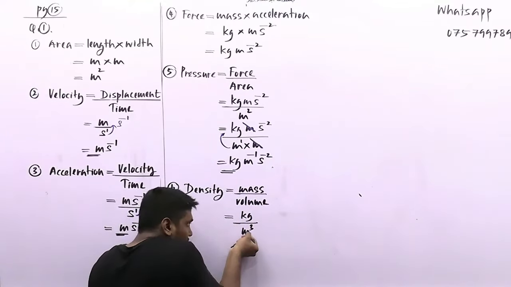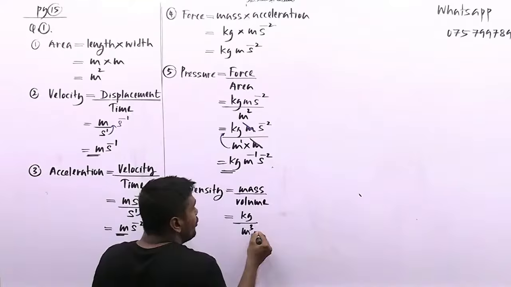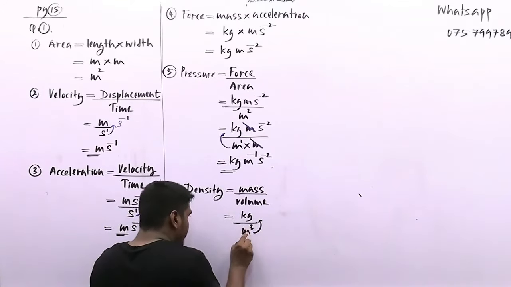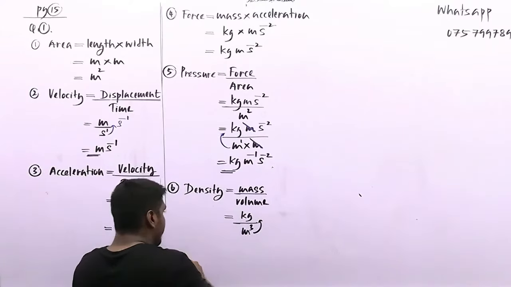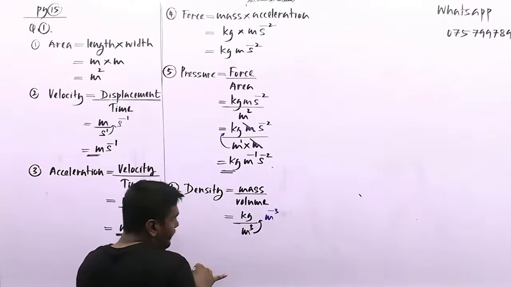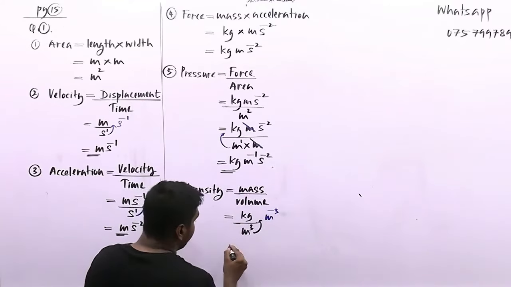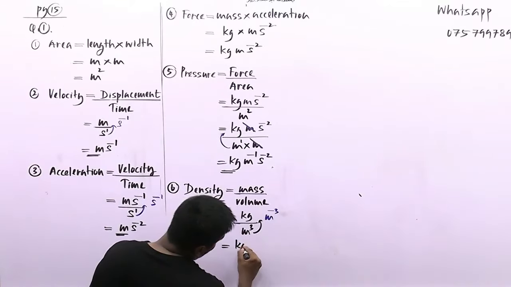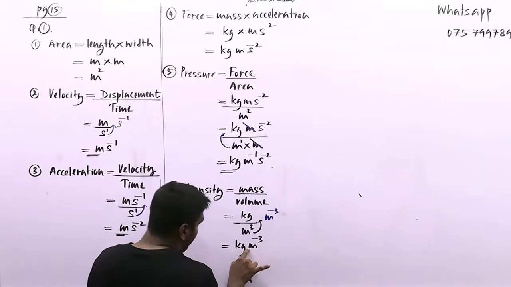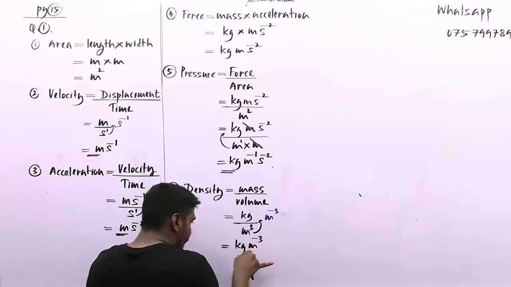When m to the power 3 at the denominator goes to the numerator, it becomes m to the power minus 3. Then we can write the units of density as kg m to the power minus 3. Keep a small gap: kg, m to the power minus 3. The SI unit of density is kg m to the power minus 3.